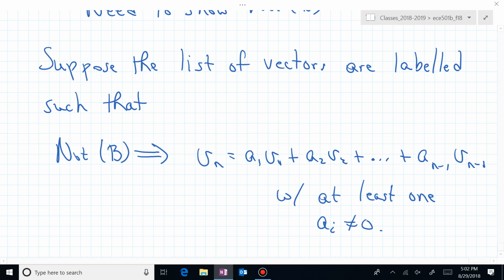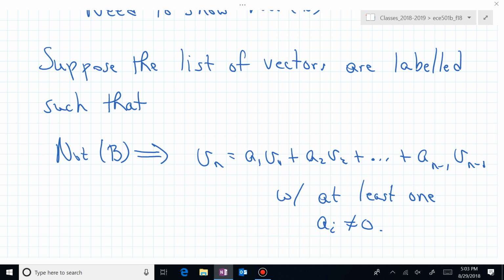How might you have seen this written in a more formal source? Instead of saying suppose the list of vectors, they may say, without loss of generality, or WLOG, let V sub n equal. They may not say, suppose the list can be rewritten or labeled.